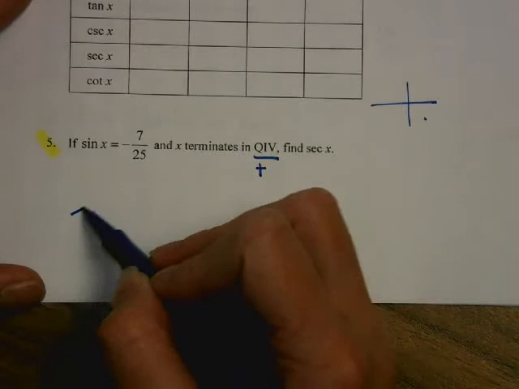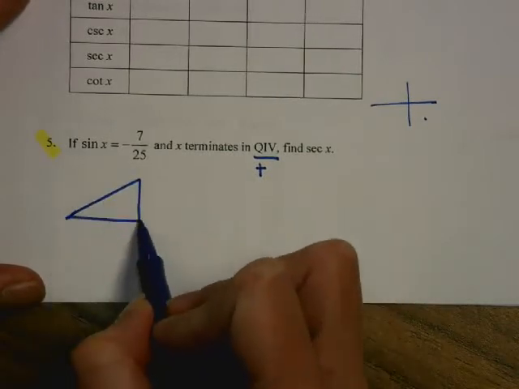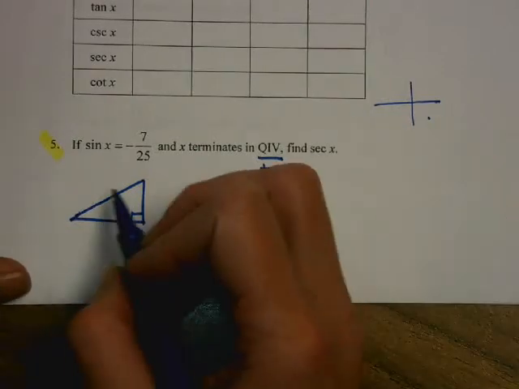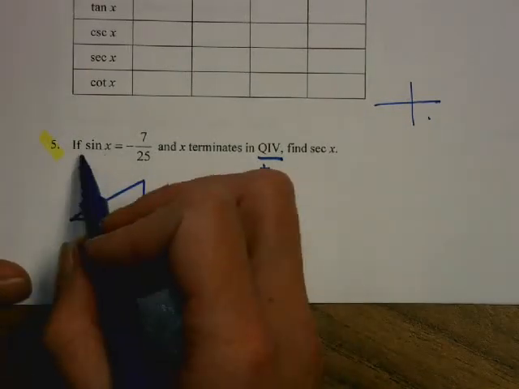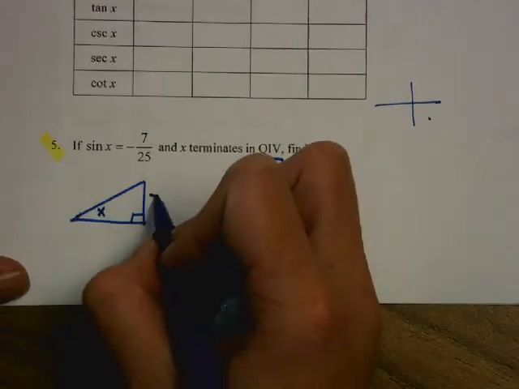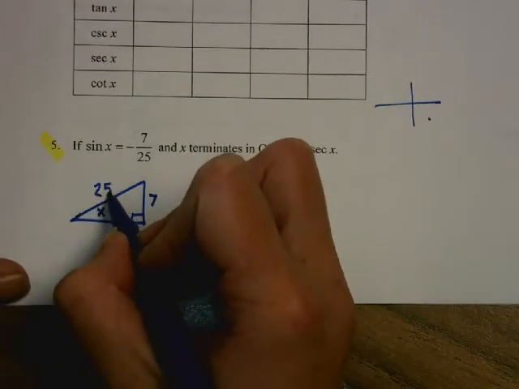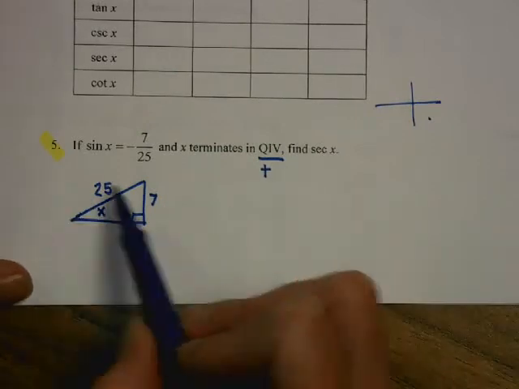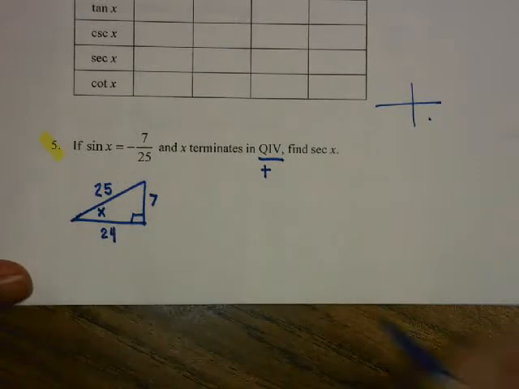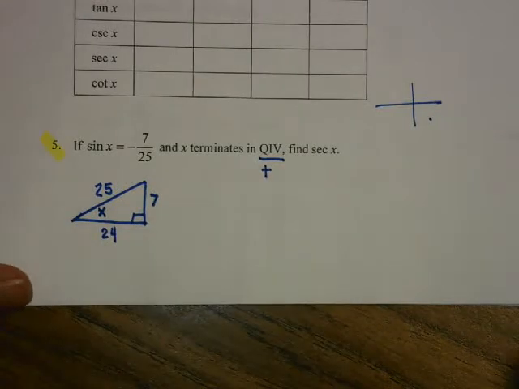Now we need to find secant, and what I'm going to do is use right triangle trig. There's different things you can do, but this is what I default to. Sine of x, where x is an angle, equals the opposite over the hypotenuse. If we use the Pythagorean theorem, this side is 24.